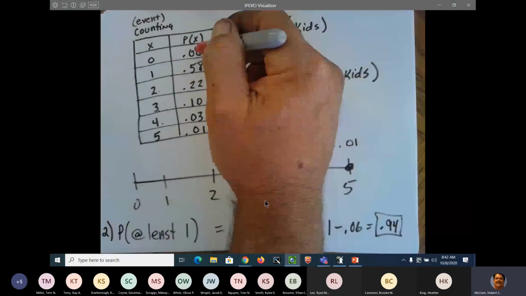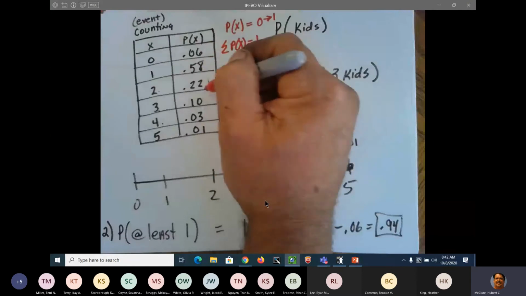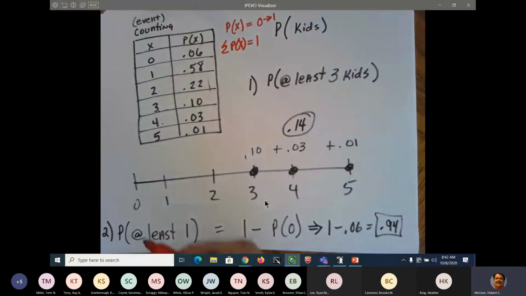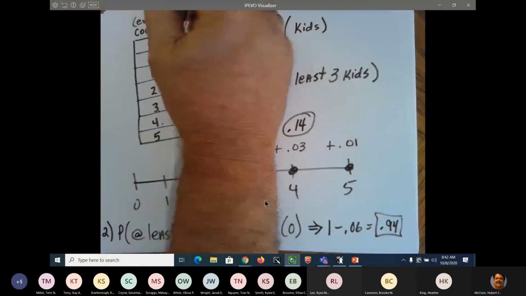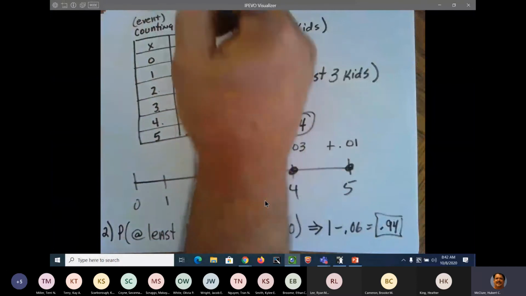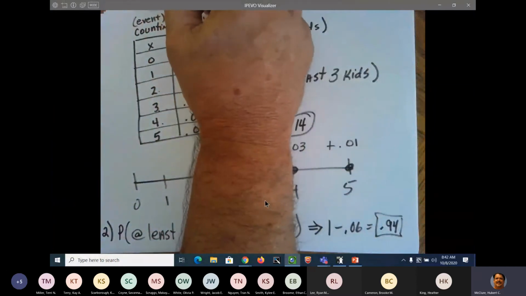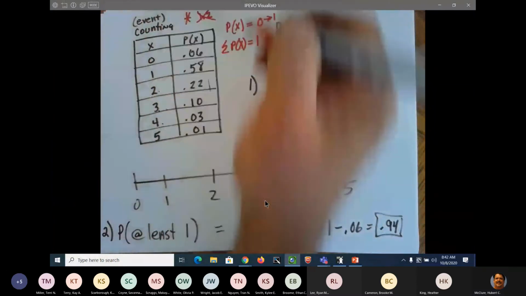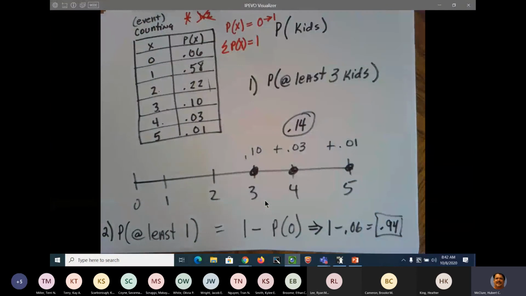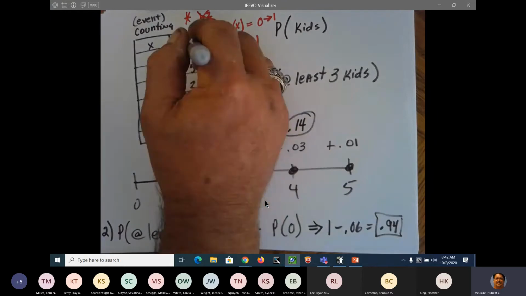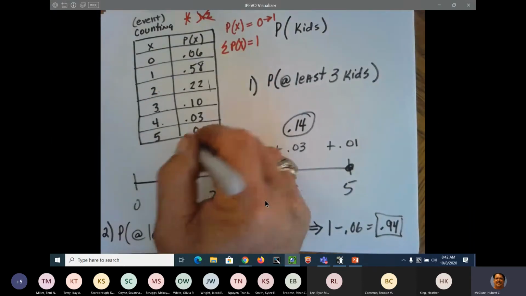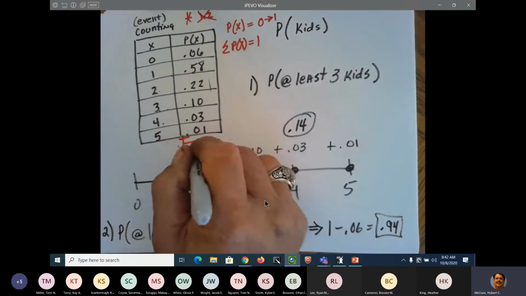So you've got to check each one of these before you start. You can't have any negatives, and you can't have any numbers greater than 1. And when you add them up, they should equal 1.